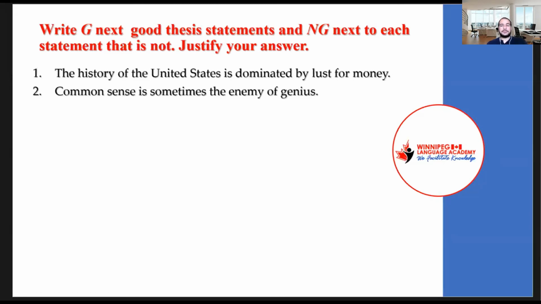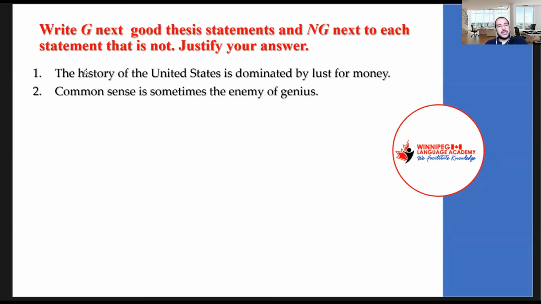And if I'm writing an essay to explain something or to talk about a fact, the thesis sentence here will also be a fact. If you're looking at number 1 and you wanted to talk about the history of the United States, this will be a very general thesis statement.